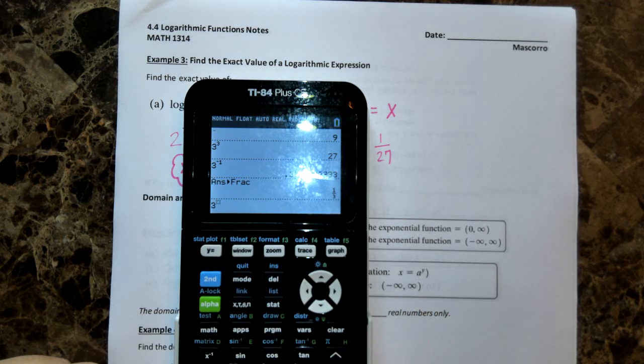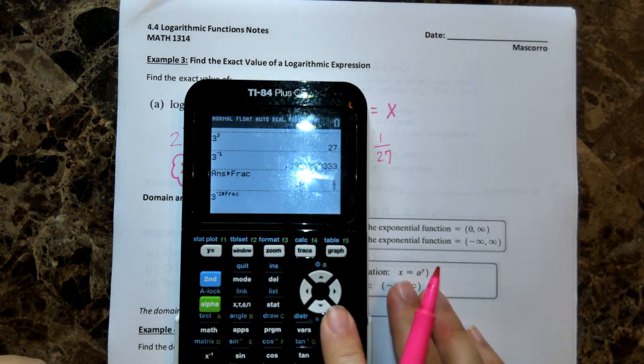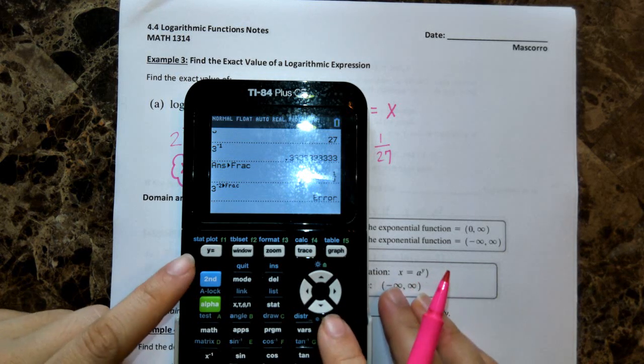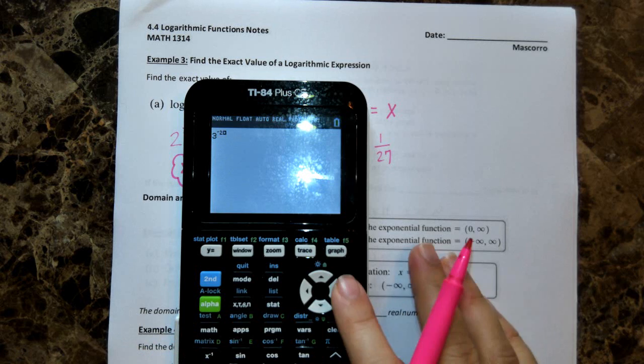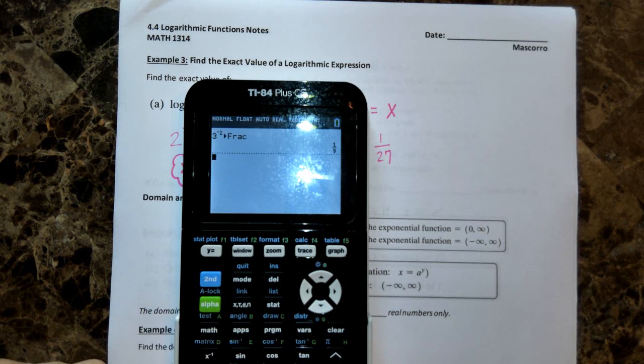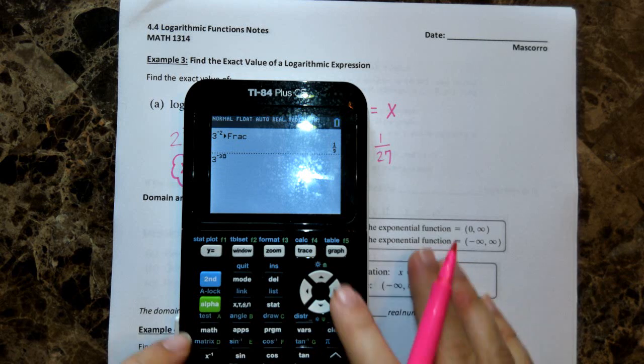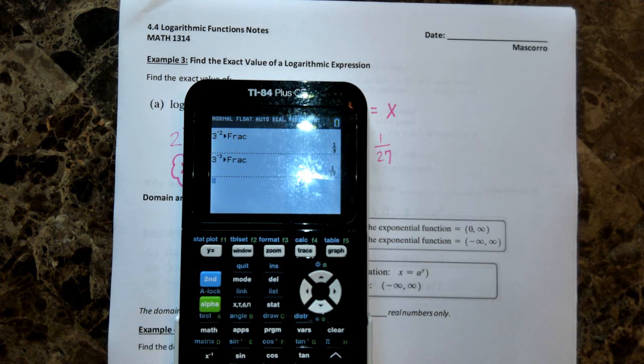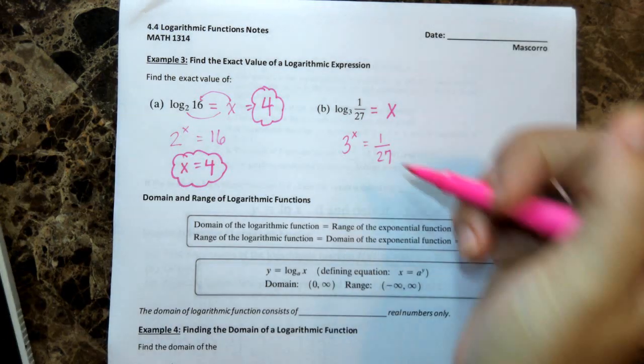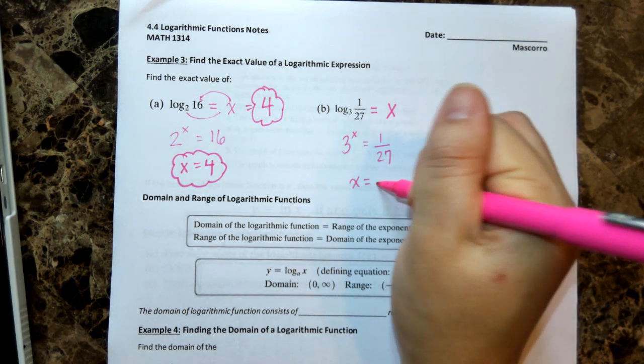3 raised to the negative second power, and I'm going to make it give me a fraction. Sorry, let me retype. 3 raised to the negative second power, and I got 1/9. 3 raised to the negative 3 power, and I got 1/27. So the x value is negative 3.